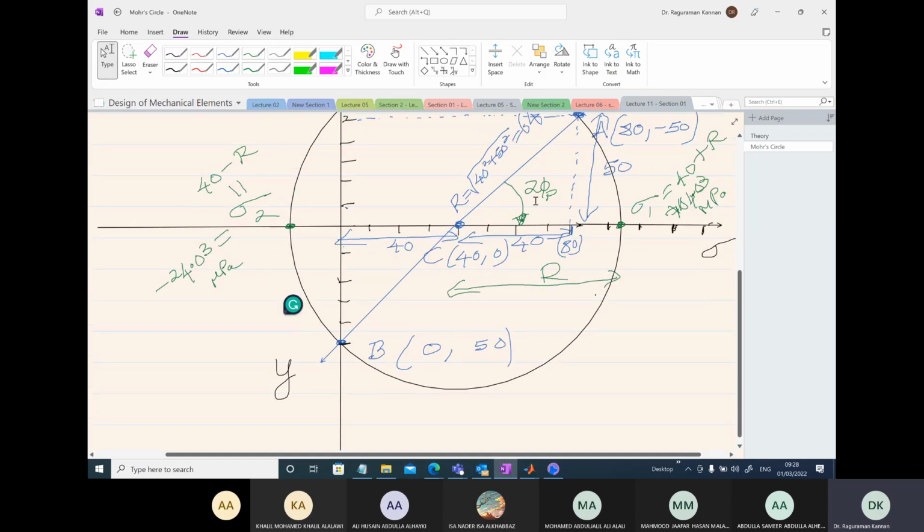2 phi p, tan of 2 phi p is 50 over 40. So we can write phi p, the angle, is nothing but 1 over 2 tan inverse 50 over 40. What is phi p?